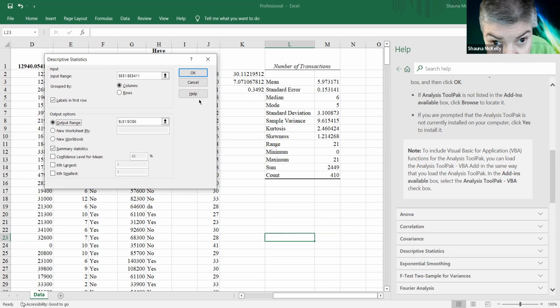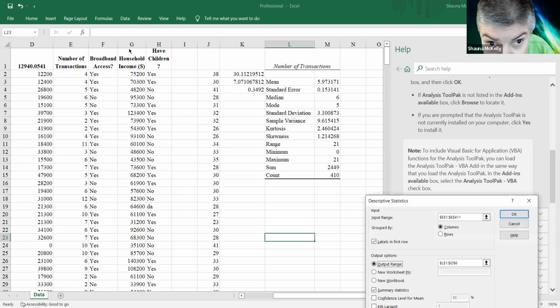And this time this is going to be from G. I'm just going to change this from E to G, here and here.